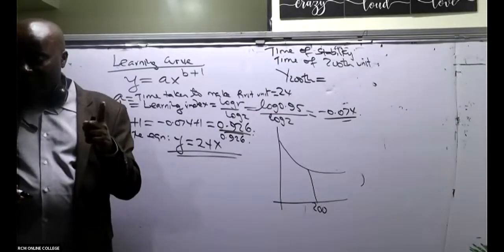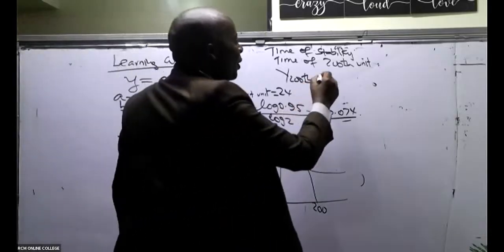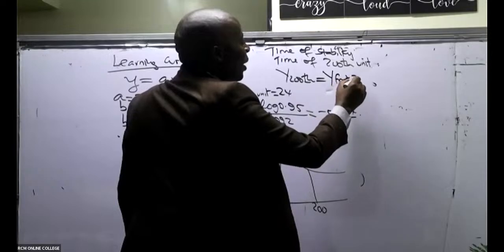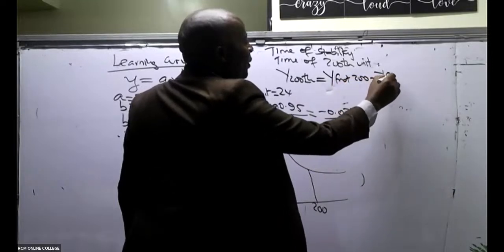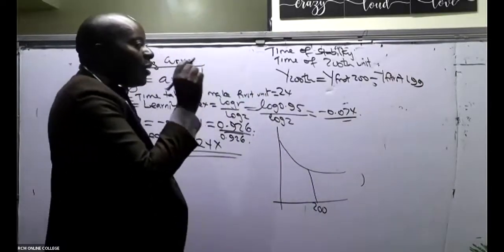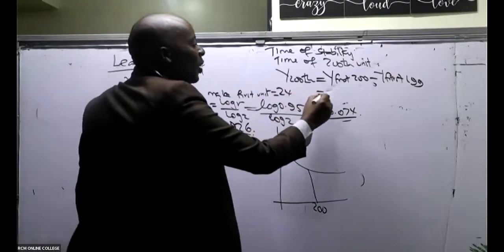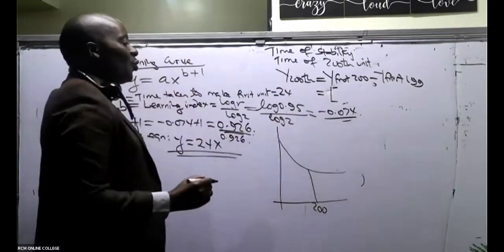Here to help you remember, and you guys will thank me after your exams. So y 200 is y first 200 minus y first 199, because we would want in this case to be left with the 200th unit.